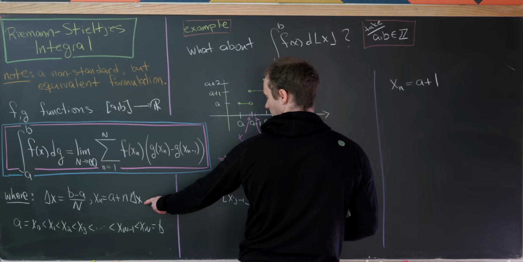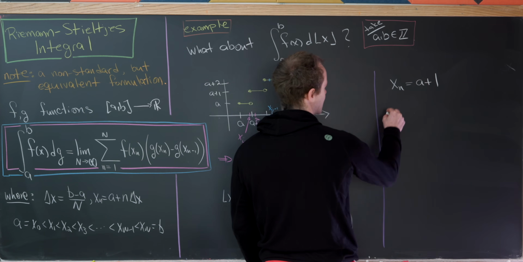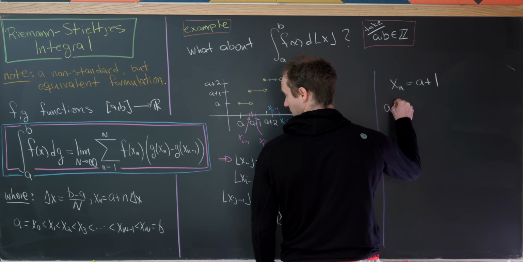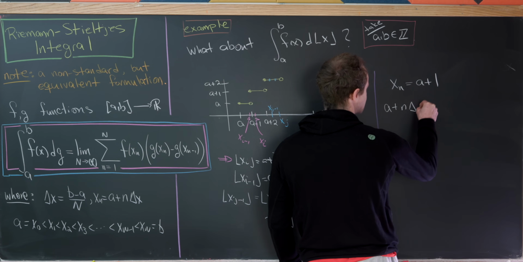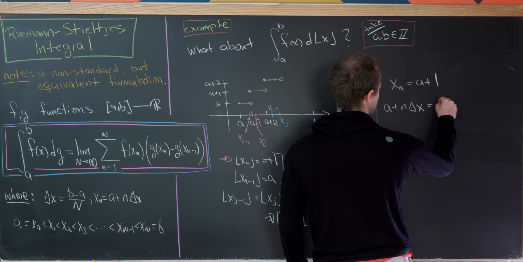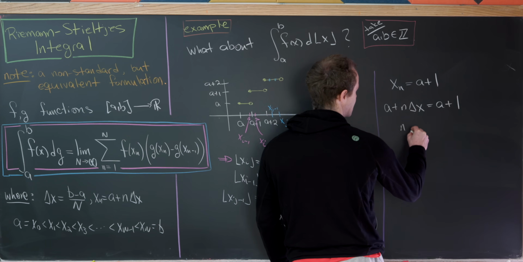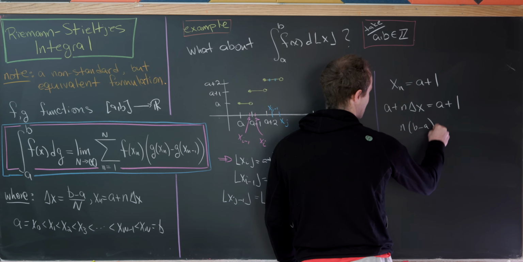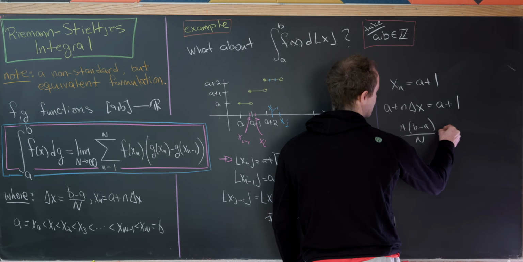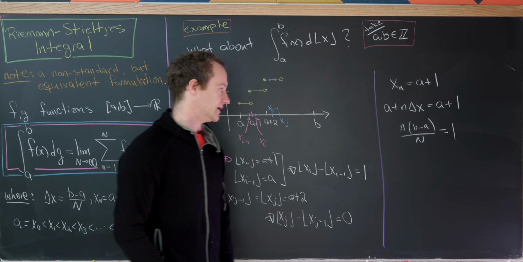But then using our formula down here for x sub n, we have a plus n times delta x equals a plus 1, which means we'll need n times delta x, which is b minus a over capital N, to be equal to 1.